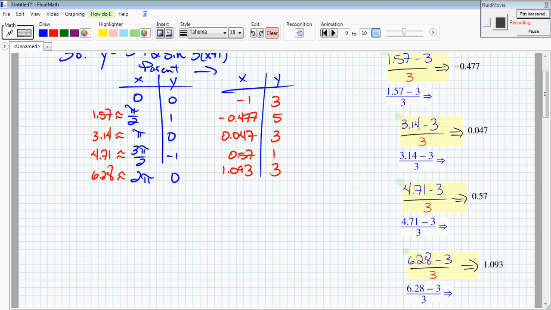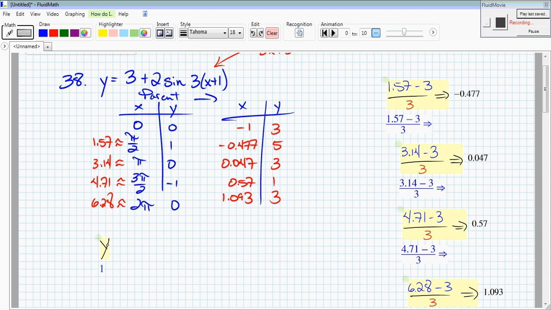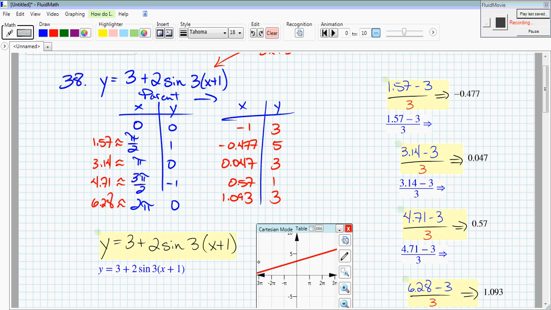I'm going to get rid of this so I have room here. So here we have y equals 3 plus 2 times sine of 3 times x plus 1. Doesn't seem to be working out the way it should here.